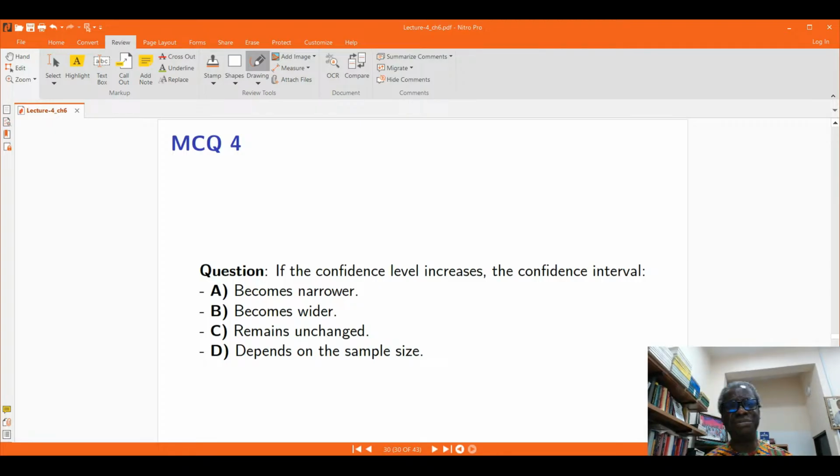Will it become narrower? Will it become wider? Will it remain unchanged? Will it depend on the sample size?